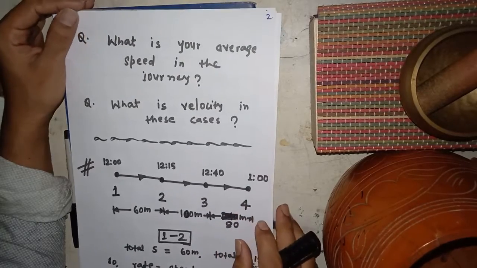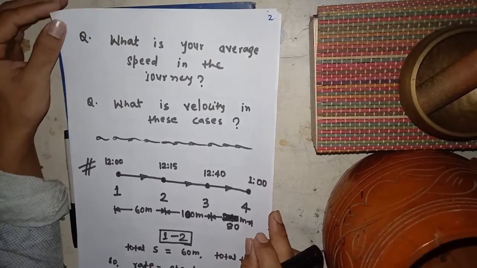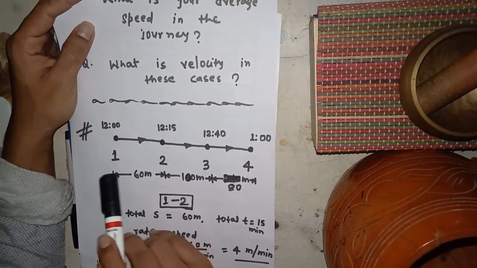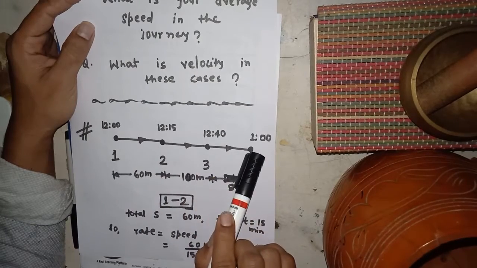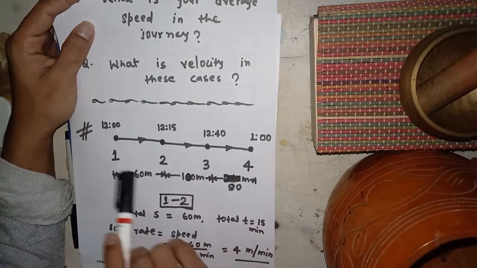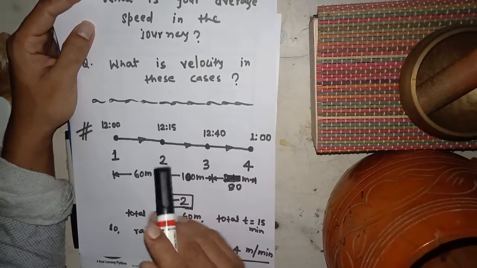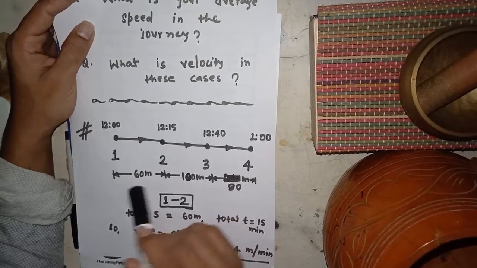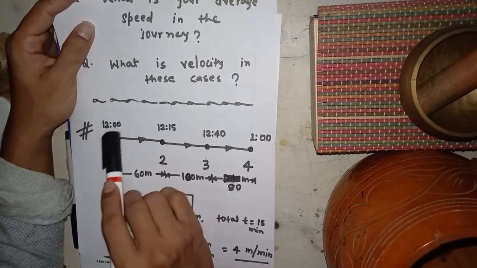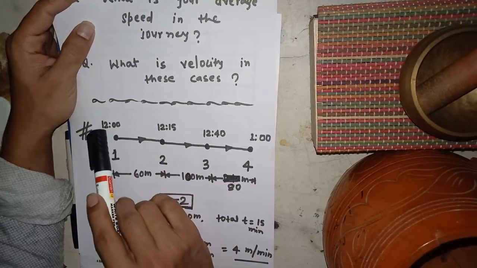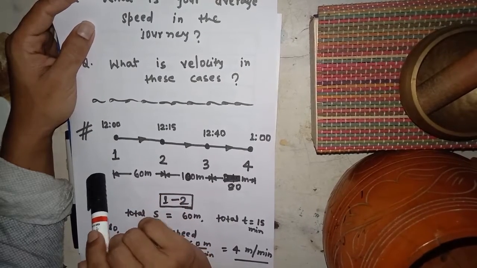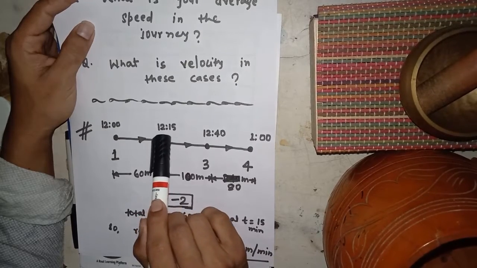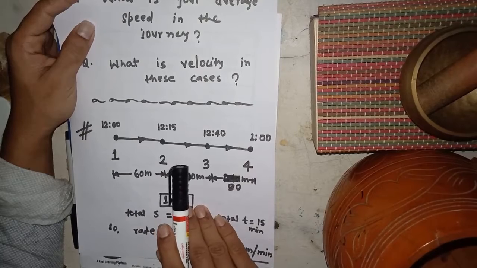I am giving you some hint so that you can understand. From the given data or table, here I have already drawn a diagram so that you can understand easily what is going on. So at position 1, or at home, time is 12 o'clock, and at place 2, time is 12:15, and so on.